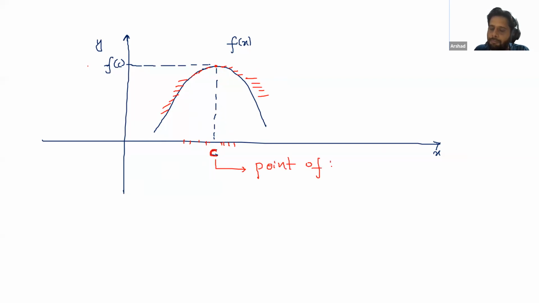This is nothing new. You have a graph, you can check that at this point the function has the greatest value. So this is the maximum value of the function, and this point is called the point of maxima. Is this clear? In simple language, you already know what this topic is.